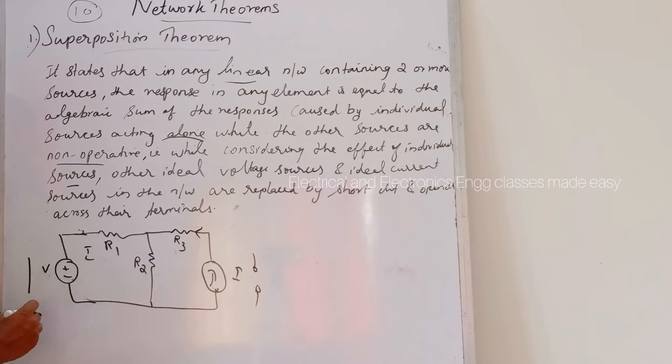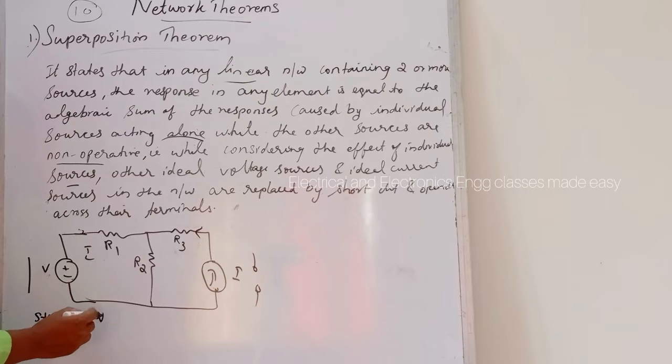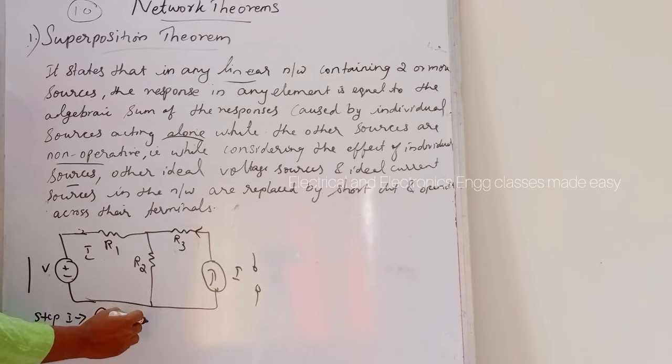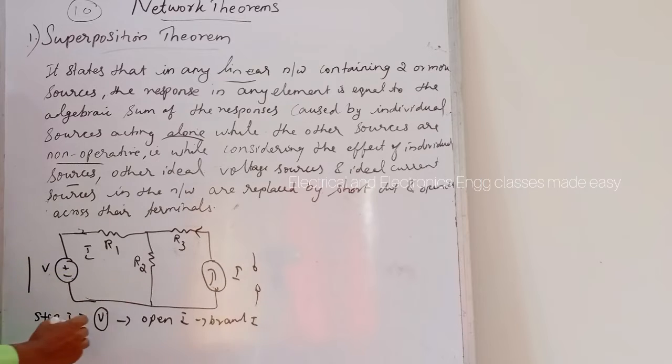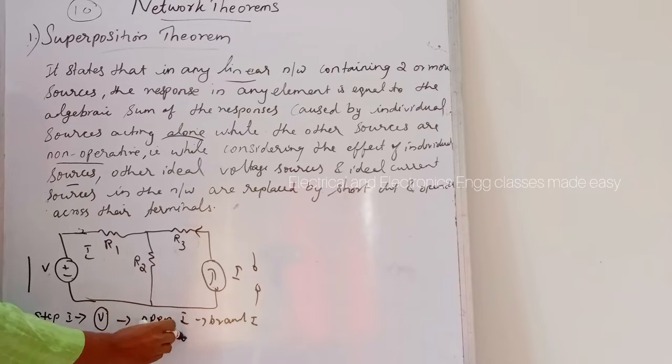That is, in step 1, consider only one source. Suppose we are considering the voltage source, then deactivate the current source, that is, open circuit this current source. Then find the branch currents. Then in step 2, consider the current source, then short circuit the voltage source, then find the branch currents.